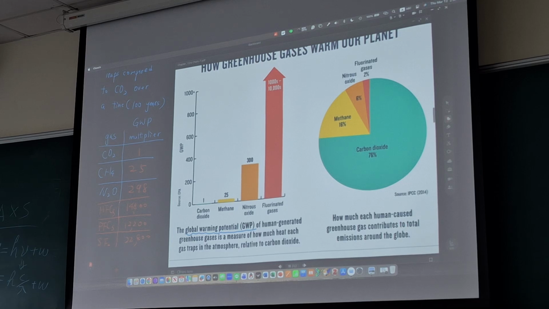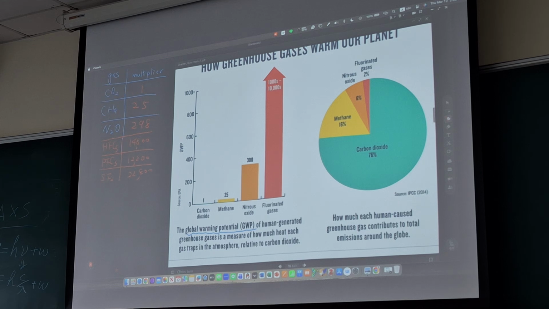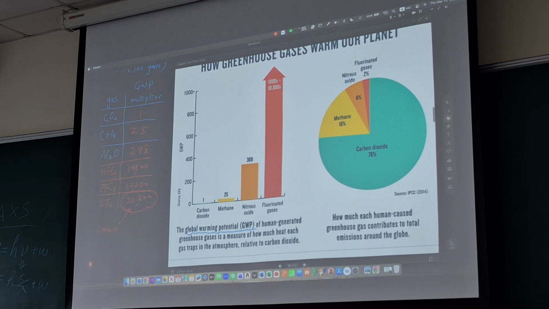So compared to carbon dioxide, what does this mean? This means one molecule of SF6 will trap 22,800 times more heat compared to carbon dioxide.